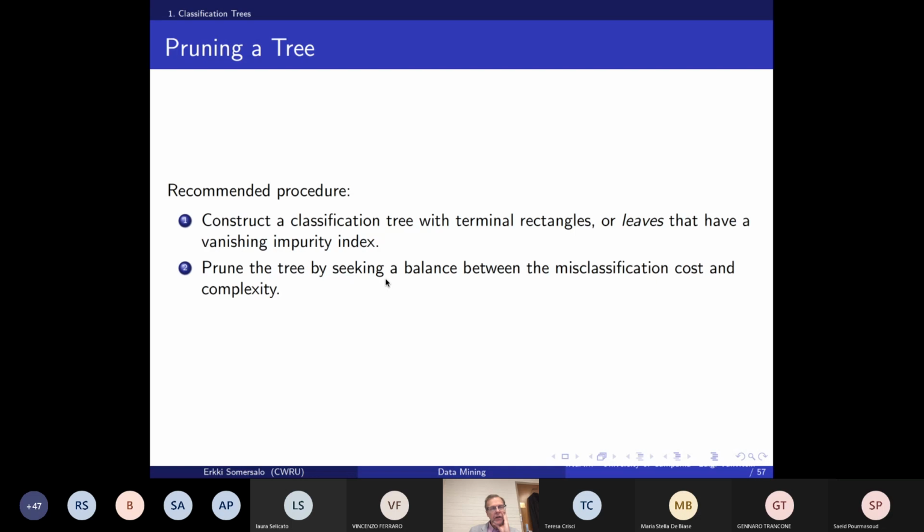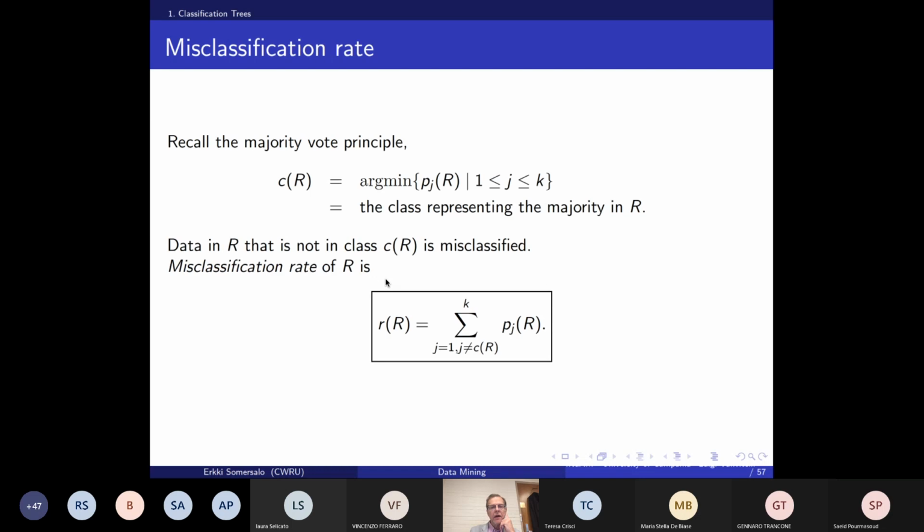So this is a typical objective in optimization and, let's say, in inverse problems, for instance. You are always balancing between different objectives that you may have, which are conflicting. And so let's look at how we define the objective function that we are looking at when we are doing the pruning.